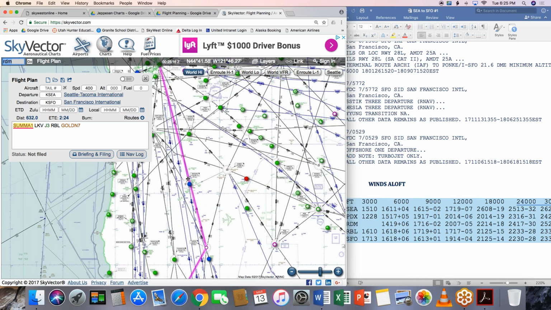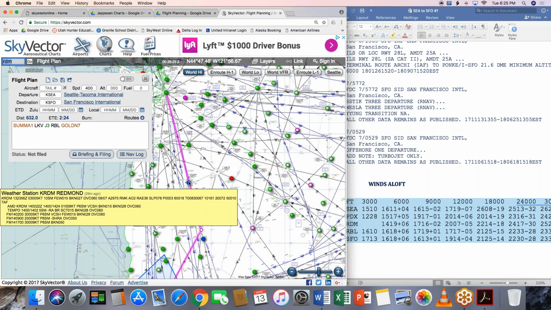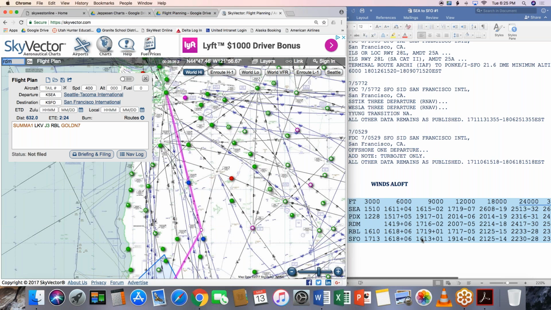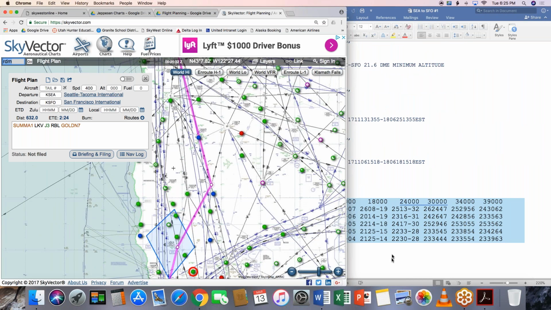It's right next to Deschutes here. And that's a pretty good clip away from Seattle. So let's just say that's where we're going to be pretty close to our top of climb. So we'll use Redmond for our average ISA deviation.